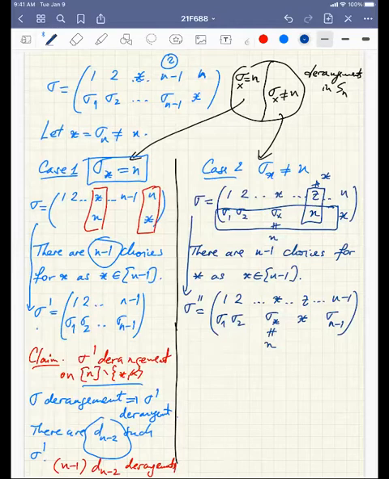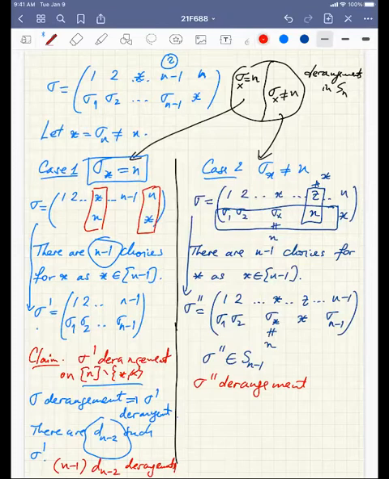And now what we did is we took the n out and we replaced it by x in the permutation sigma double prime. So that tells us that sigma double prime is a legit permutation on n minus 1 elements. And actually, it is going to be a derangement.